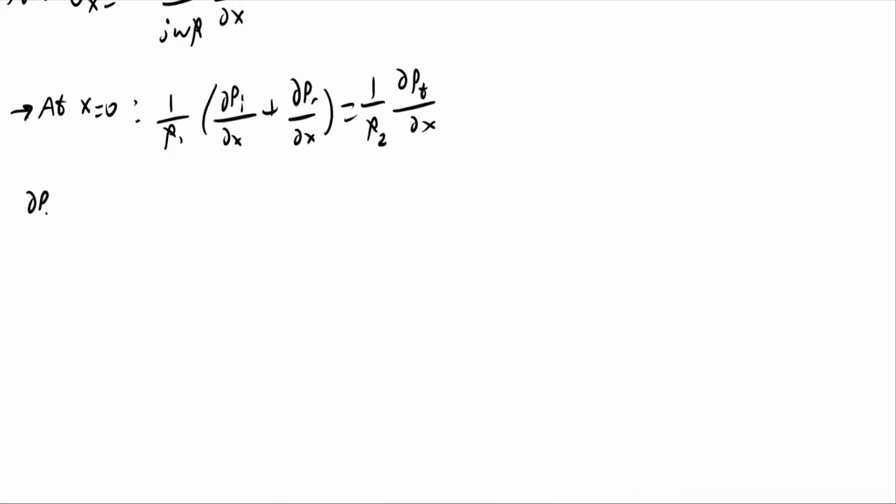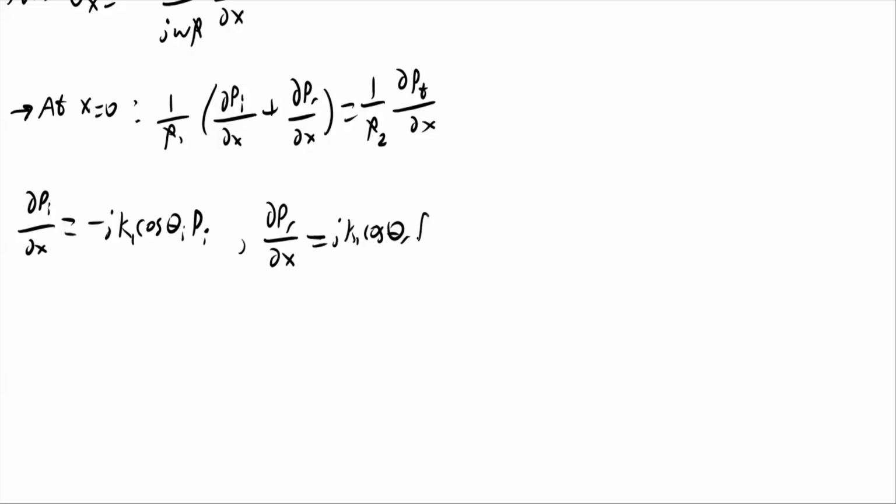So dPI dx is equal to negative jk1 cosine theta I times PI, because it's a complex exponential, or just an exponential in general, like e to the something. dPR dx is equal to positive jk1 cosine theta r times PR, and dPT dx is equal to negative jk2 cosine theta t times PT.